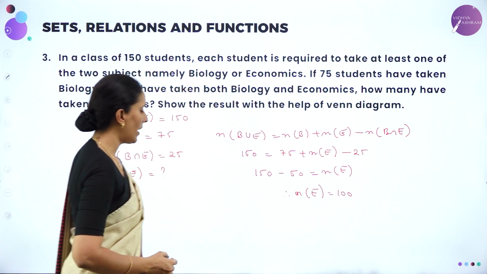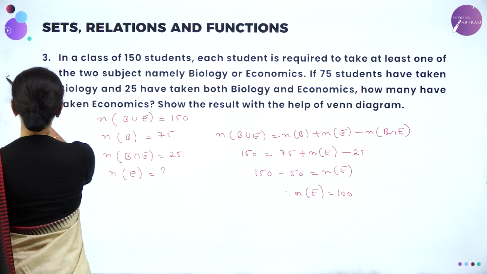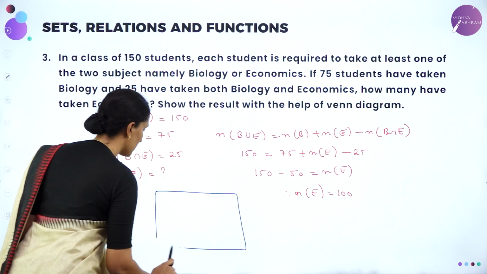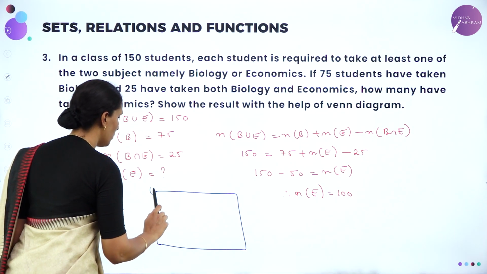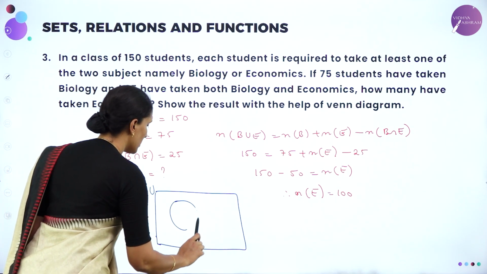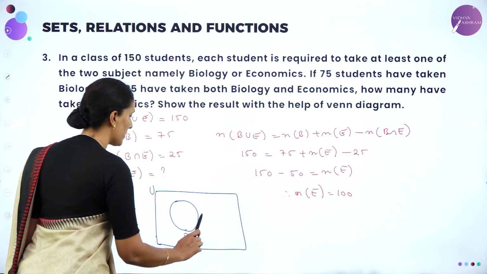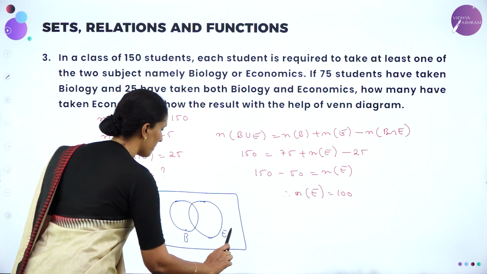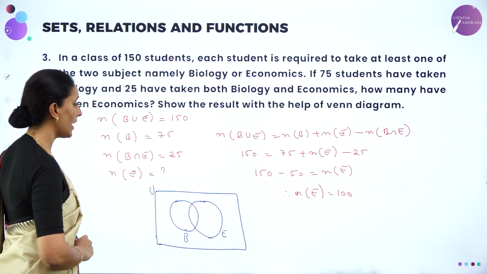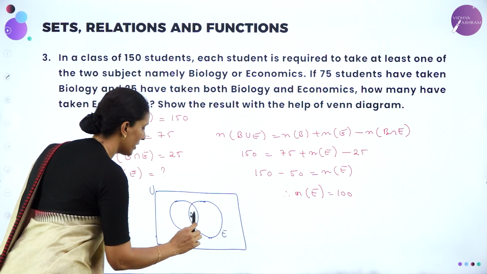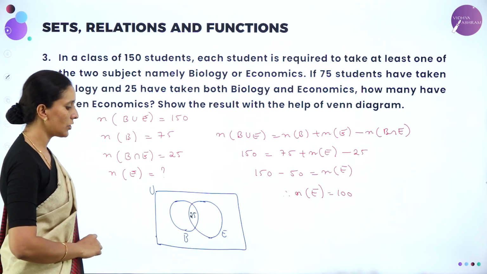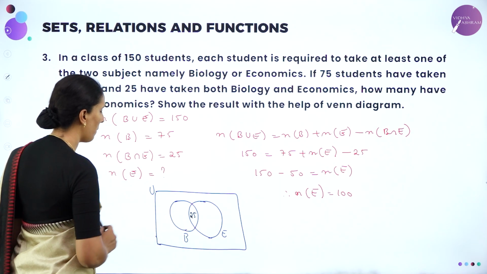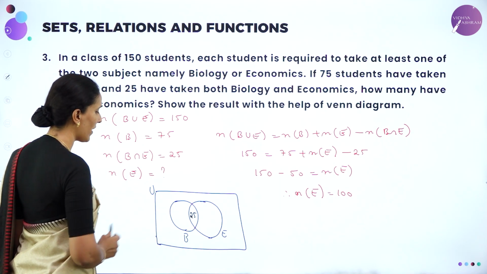Now, if we draw the Venn diagram for this, this is set U, the universal set, set B, which represents the number of students who have taken biology, and set E, which represents the number of students who have taken economics. 25 students have taken both biology and economics. 75 students have taken biology, out of which 25 is already written.